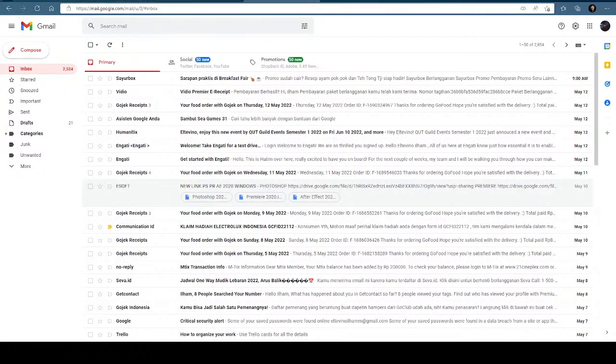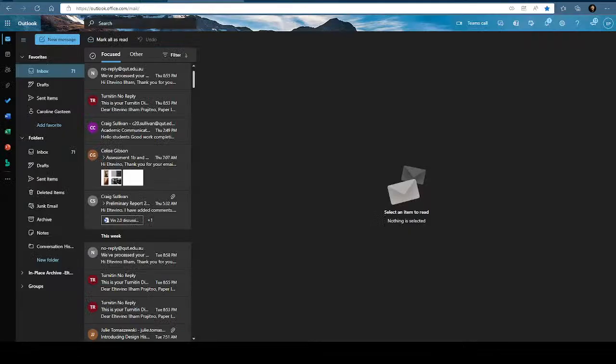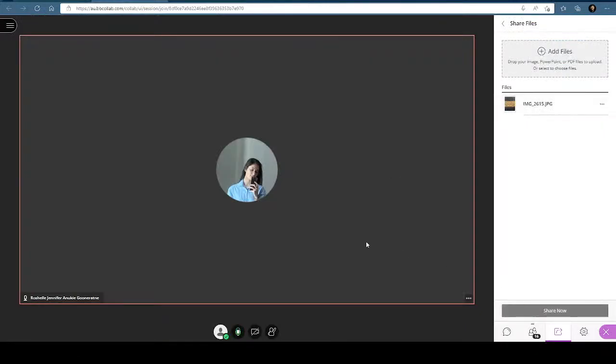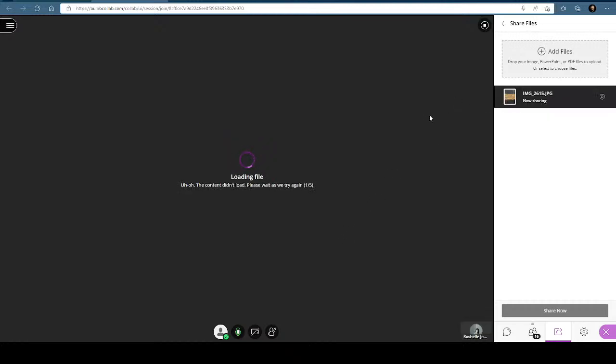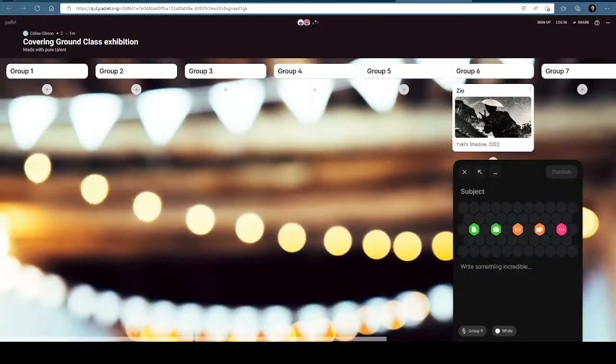Okay, I was taking photos a few days ago about covering ground. Yeah, maybe we can use that. I'm sharing my photo of the playground. Can you see that? Okay. Yeah.